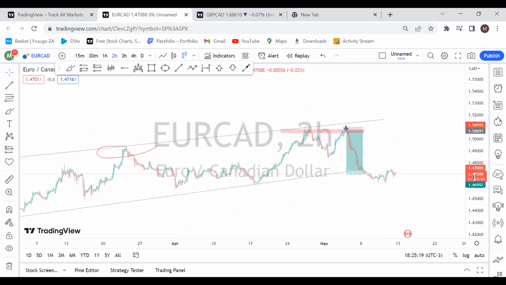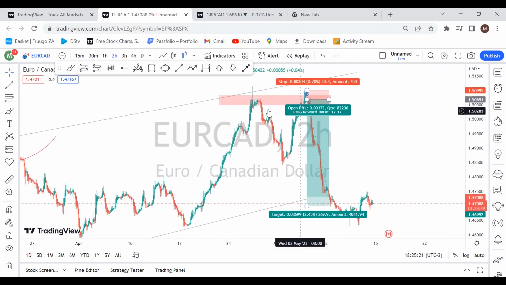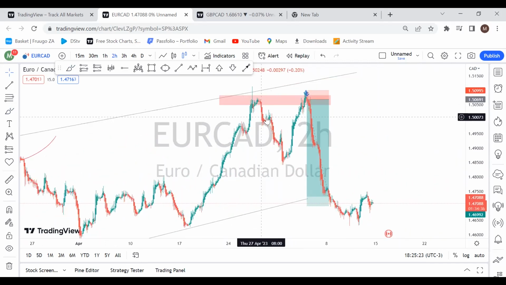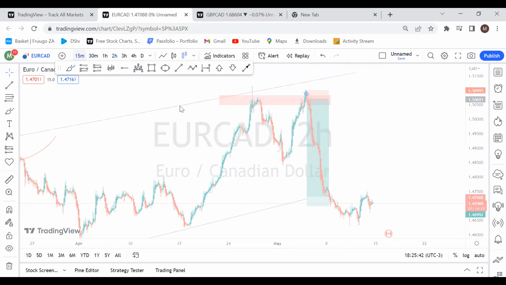So maybe you would have entered here before all of this happened, right? So you think, okay, cool, this is the third touch. The price basically rejected, gave you this nice flag right there. Let's just zoom in to the 15-minute time frame.